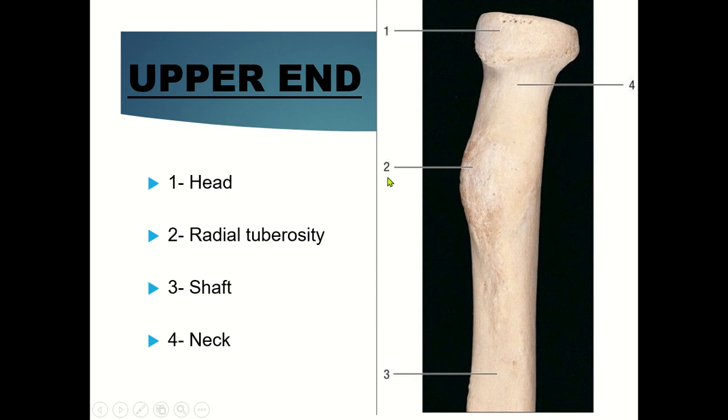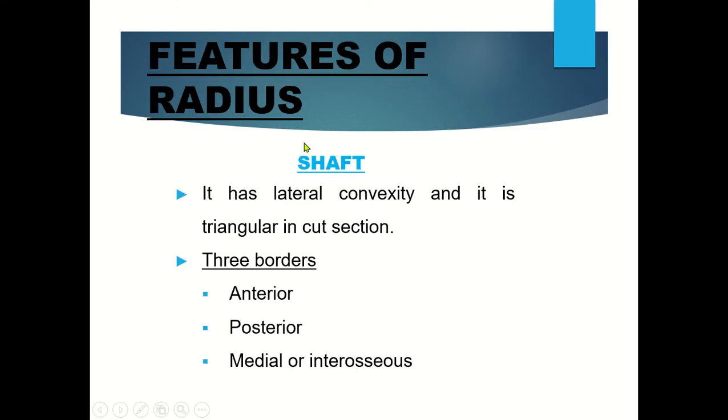And now we go through the upper end of radius. This is head of radius. Next to head, this is the neck of radius. This is radial tuberosity and this is shaft of radius. Shaft has a lateral convexity and it is triangular in cut section.